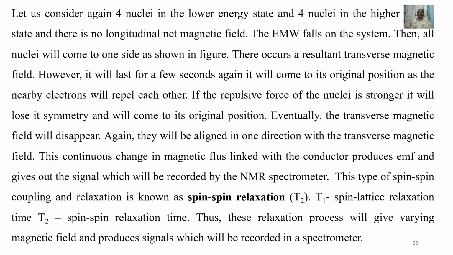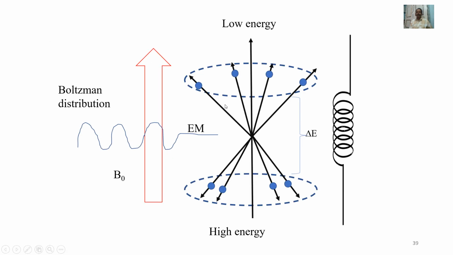Now let us consider again 4 nuclei in the lower energy state and 4 nuclei in the higher energy state. There is no longitudinal net magnetic field. Now the electromagnetic wave falls on the system. Then all the nuclei will come to one side, as shown in the figure. So this is the normal one.